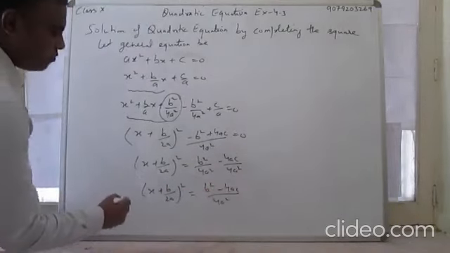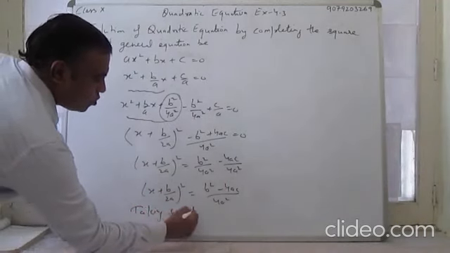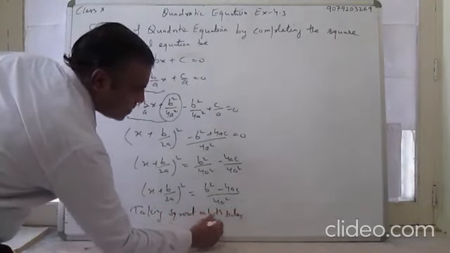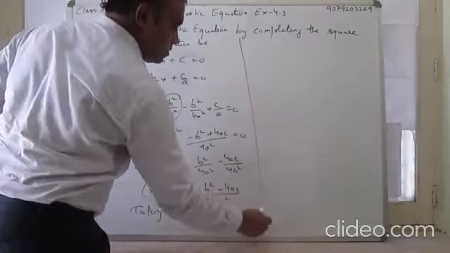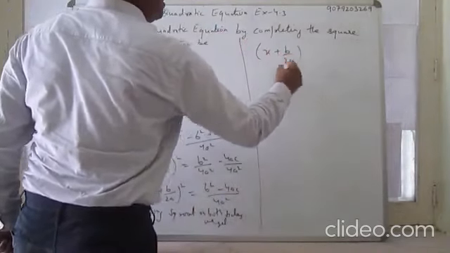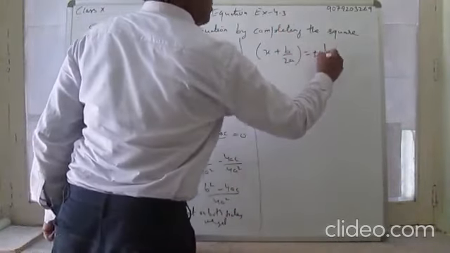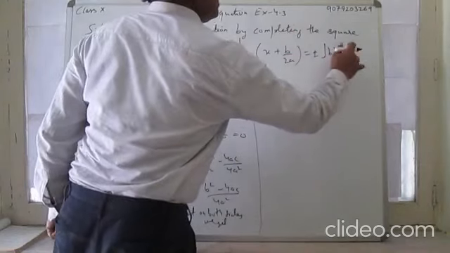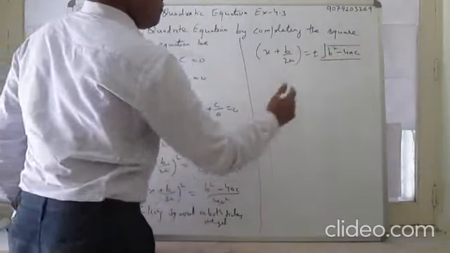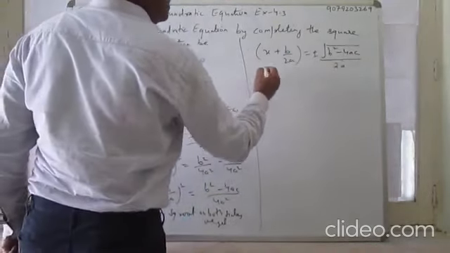Taking square root on both sides, we get x plus b upon 2a is equal to plus minus under root b square minus 4ac upon square root of 4a square, which is 2a.